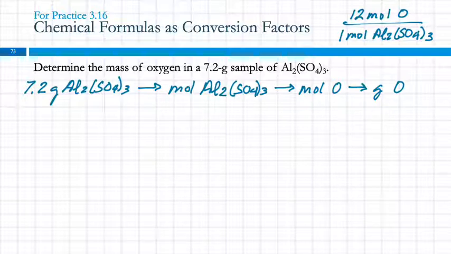So whenever we've got something missing in the middle, try moles. Moles in the middle. So I can go from grams of compound to moles of compound using the molar mass. I can use my relationship I got out of the formula to go from moles of compound to moles of one element. And then I can use the molar mass of oxygen to go from moles to grams of oxygen.